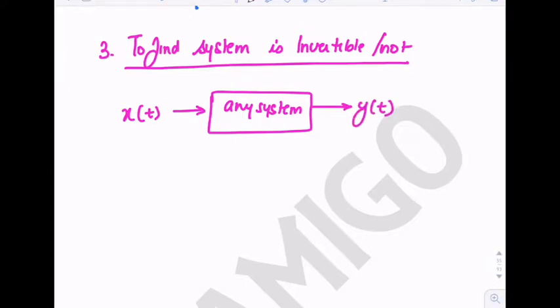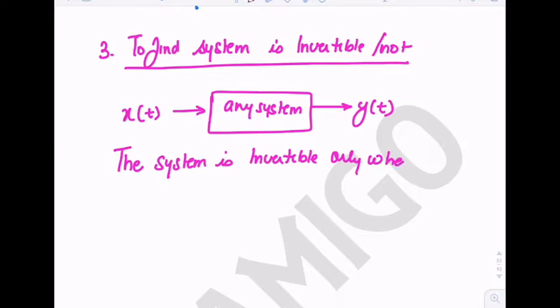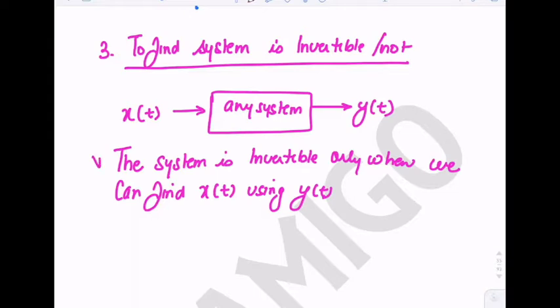So the system is invertible only when we can find x(t) using y(t). Okay, so this is the meaning of invertibility.